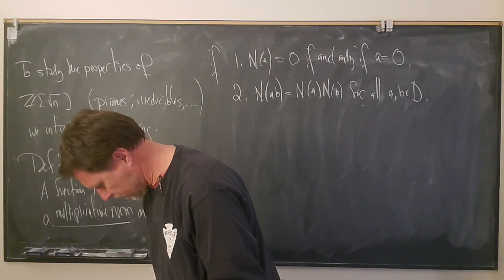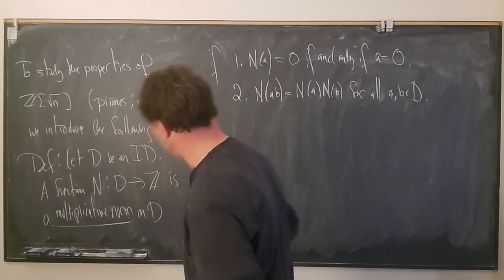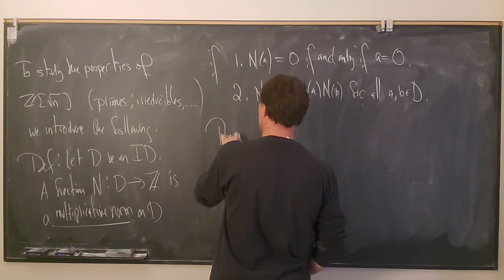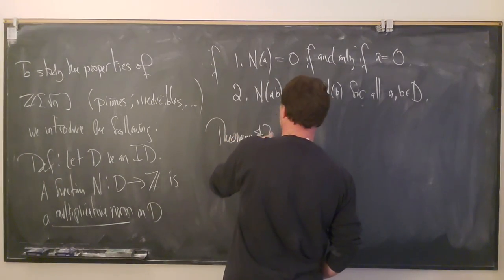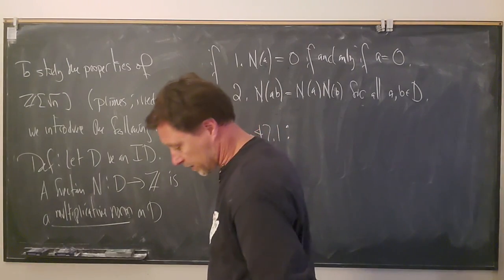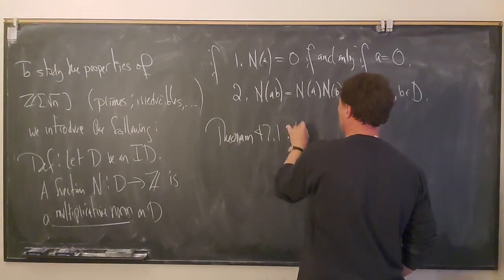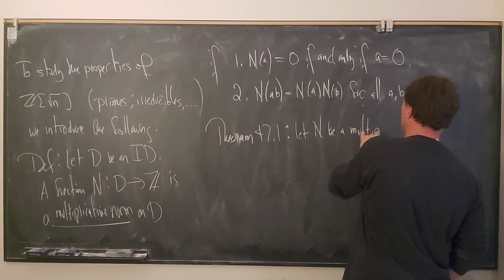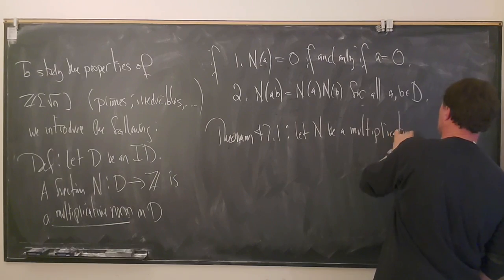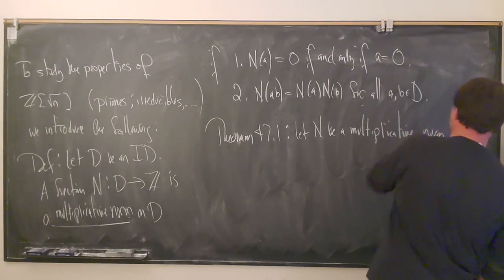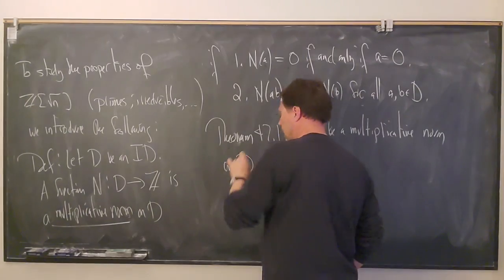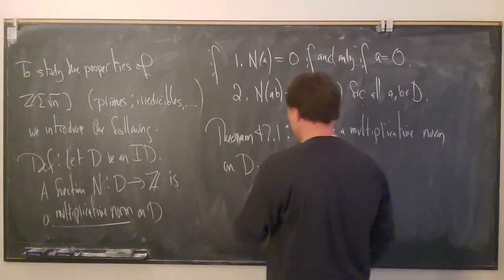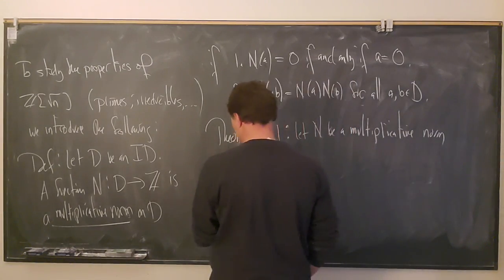Okay, so let's prove one theorem about this. It's actually got 3 parts, so it'll take me a little bit of time. Theorem 47.1 goes like this. Let N be a multiplicative norm on D. Then 3 things are true.